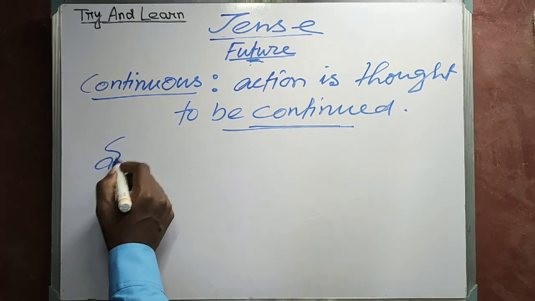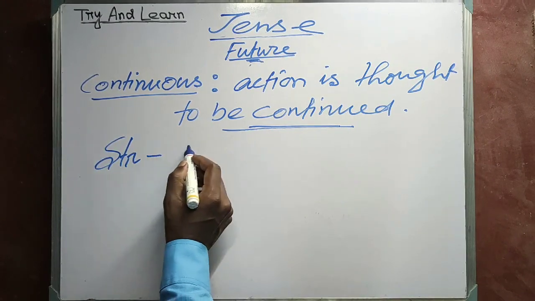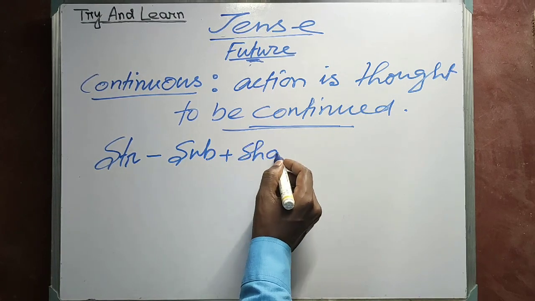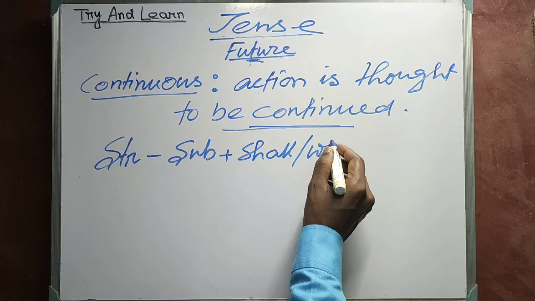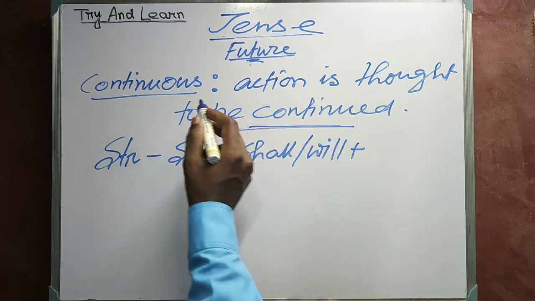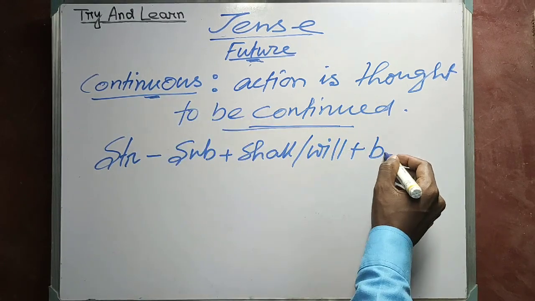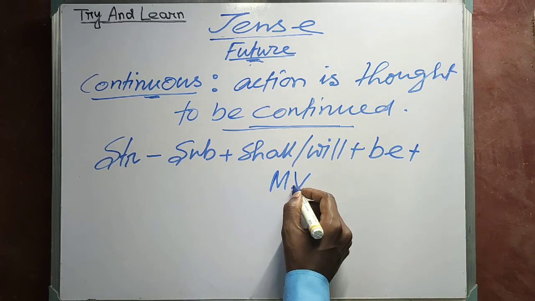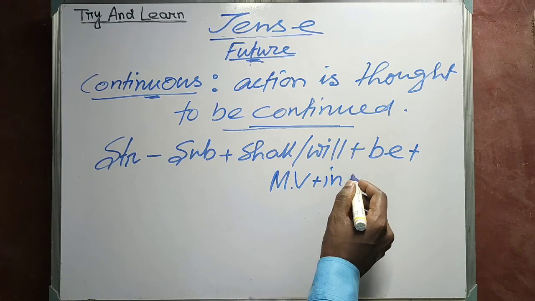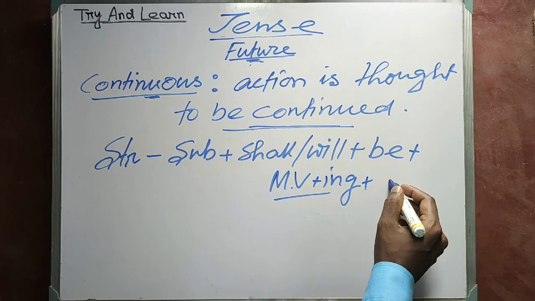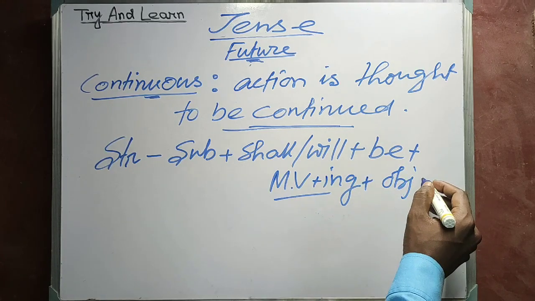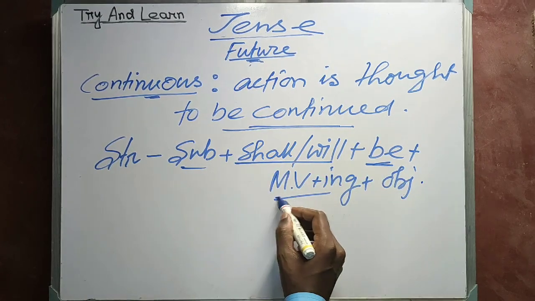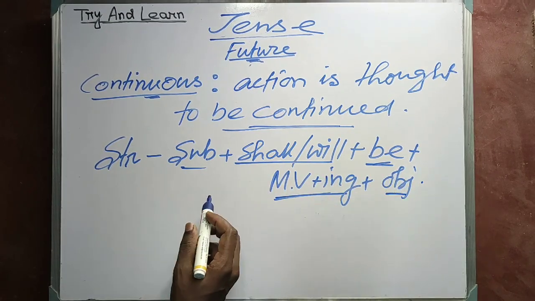Structure: subject first, then shall or will, then as it is continuous, be verb will come, be itself, plus the continuous main verb plus ing form, plus object or complement. Subject, shall or will, be, main verb ing, plus object.